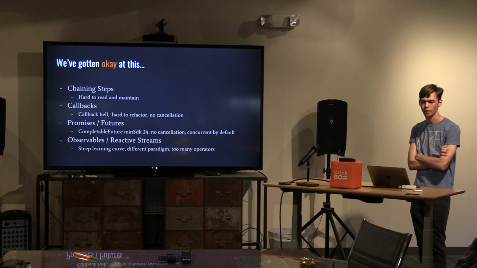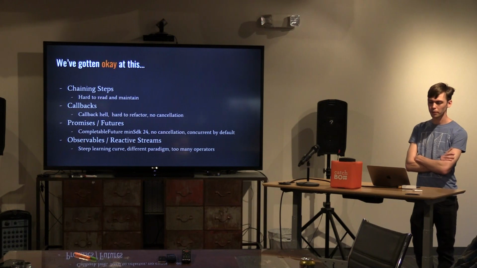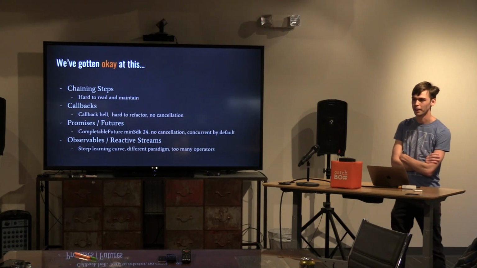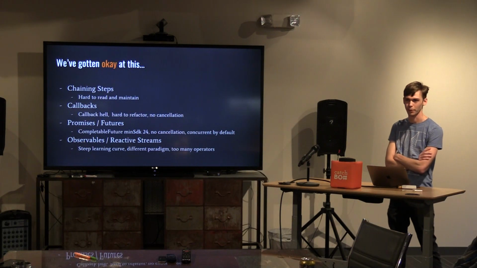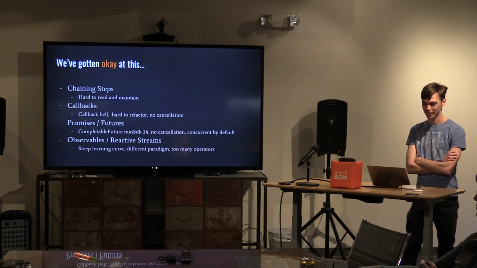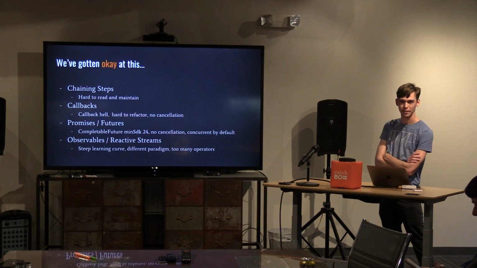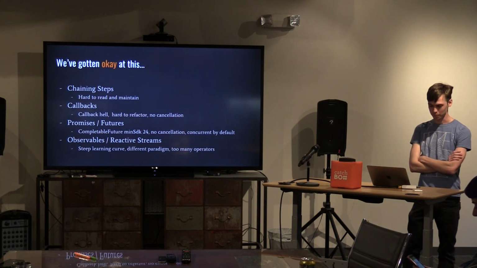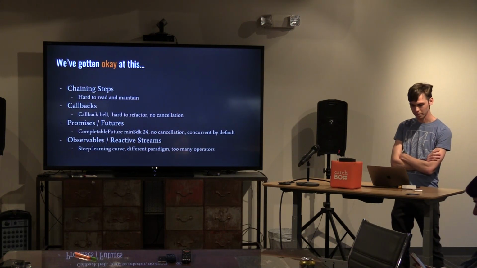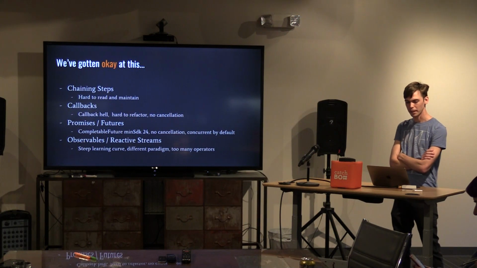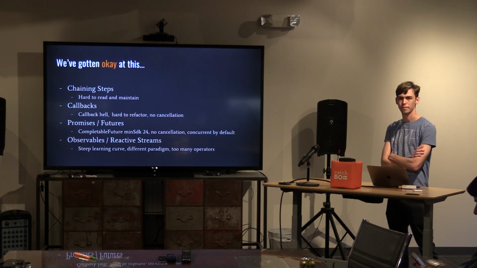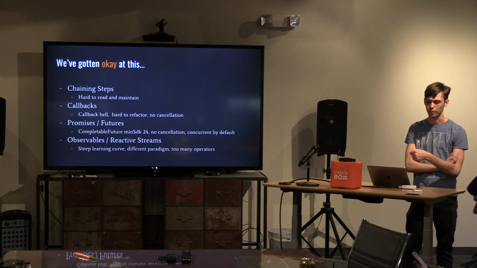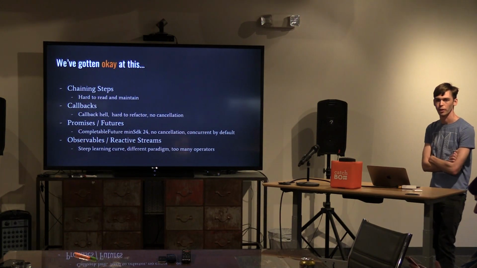Promises and futures can solve this problem, but CompletableFuture is only available in version 24 and higher, and I think that means that pretty much everybody in this room can't use it unless it's a personal app. The other problem is that futures are concurrent by default. Particularly futures and observables are kind of both concurrent by default.